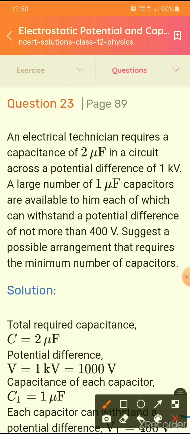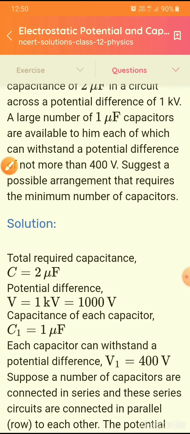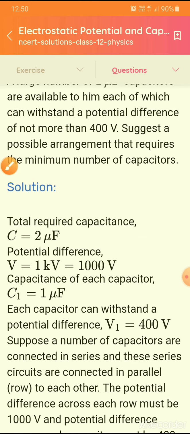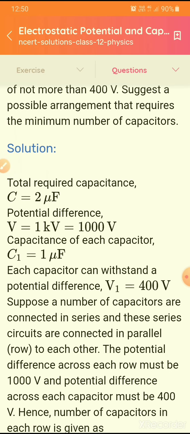Okay, so see here, the capacitance is taken as 2 microfarad, and V is equal to 1 kilovolt, which is 1000 volts, and the capacitance of each capacitor will be 1 microfarad, because we have only 1 microfarad capacitors.